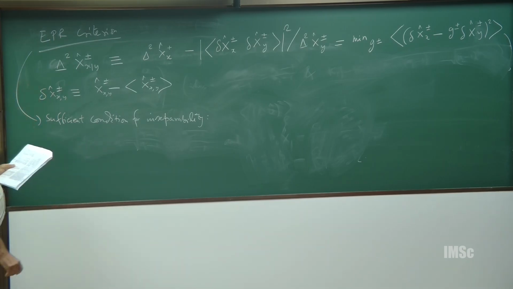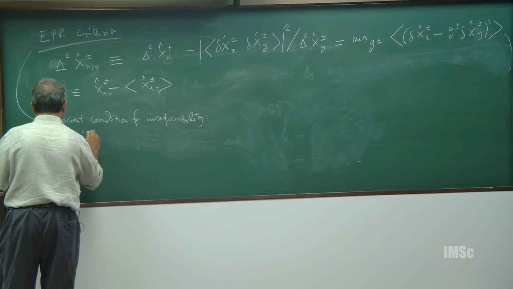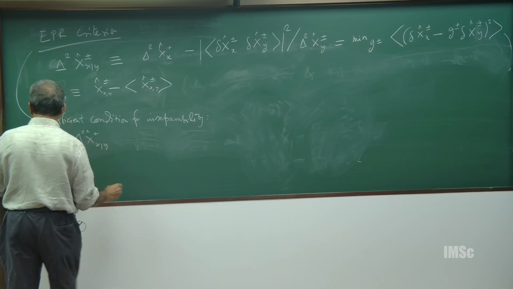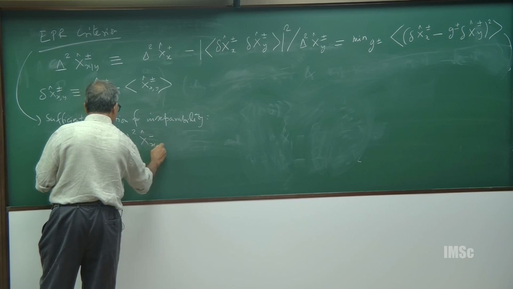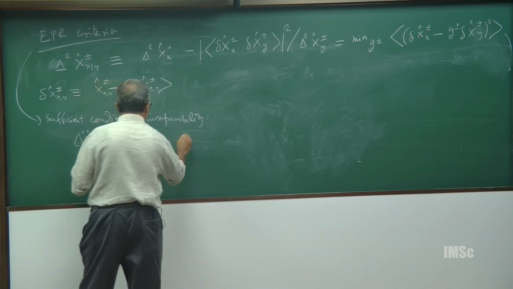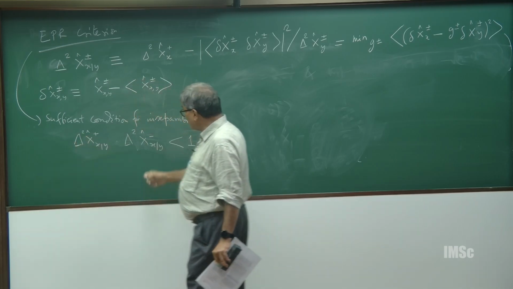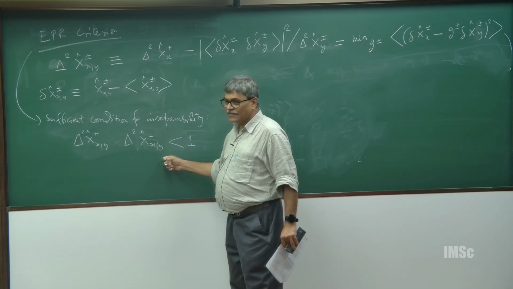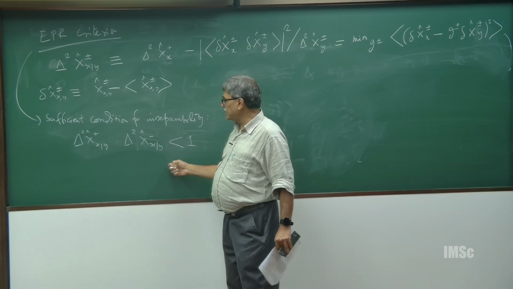It says that delta square x plus x given y, into delta square x minus x given y, is less than 1. If this condition is satisfied, then we can say that, of course for a 2 mode state, the 2 mode state is entangled.